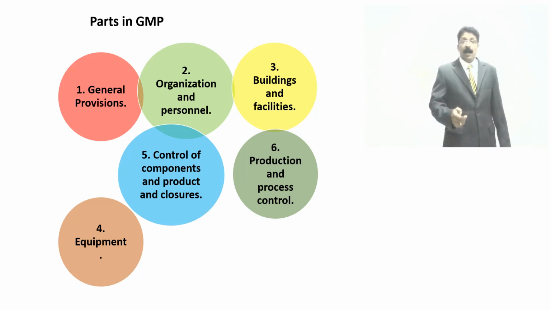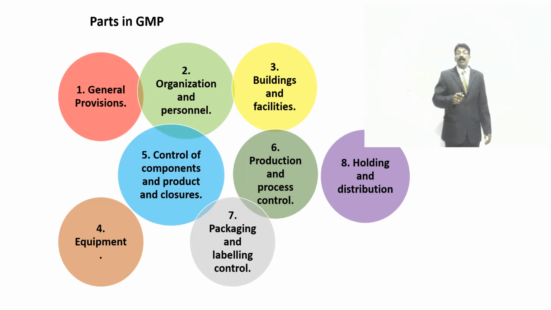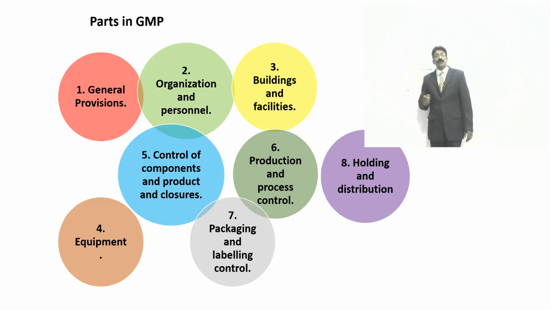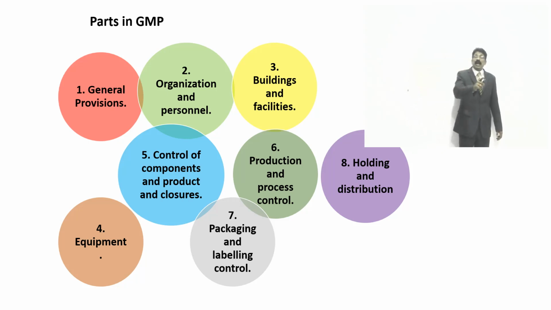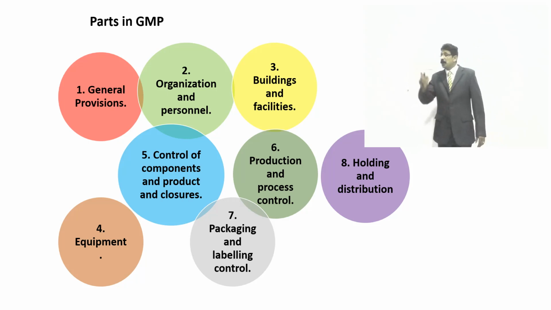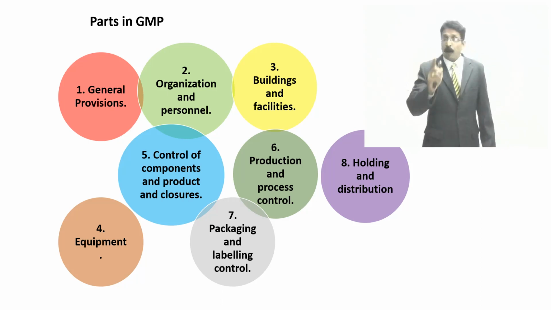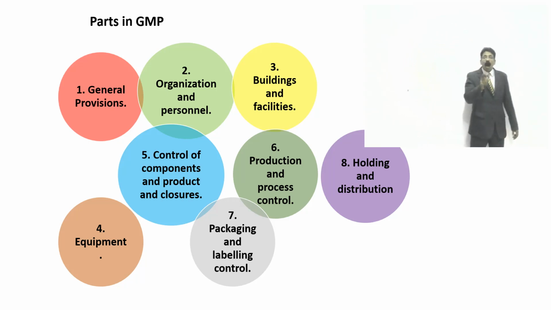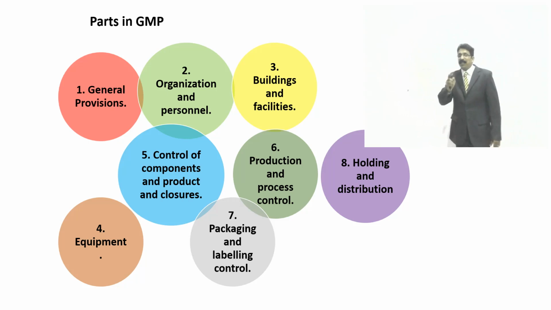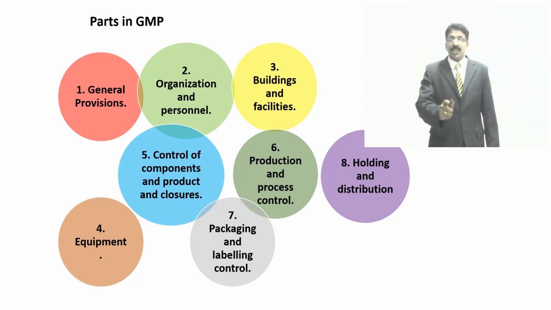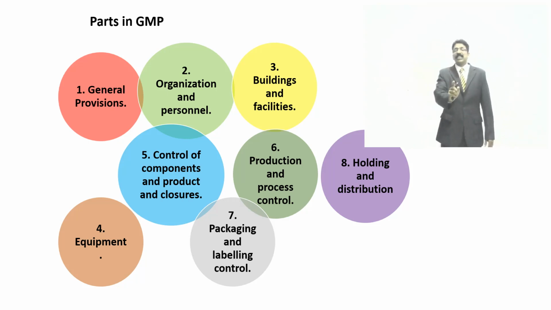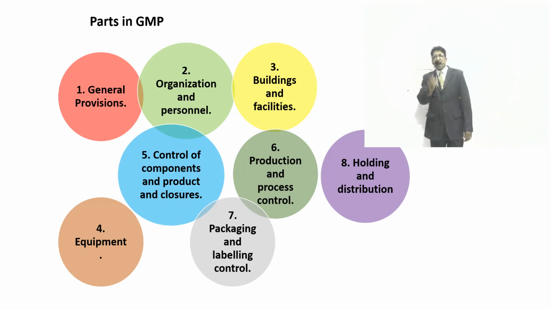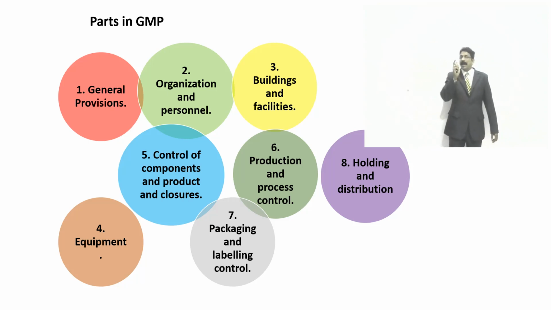And when we come to the 8th point, holding and distribution. Holding and distribution means, like the previous slide which told about warehousing, storing, the manufactured product is quarantined, and distribution: how you distribute, how you take the product from one place to another, what are the precautions, what all the maintenance for the standard quality, and the maintenance for the safety and efficacy of the herbal products.